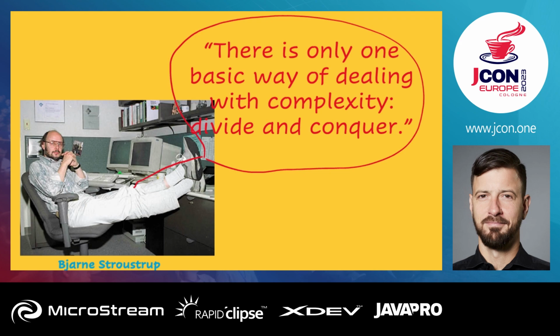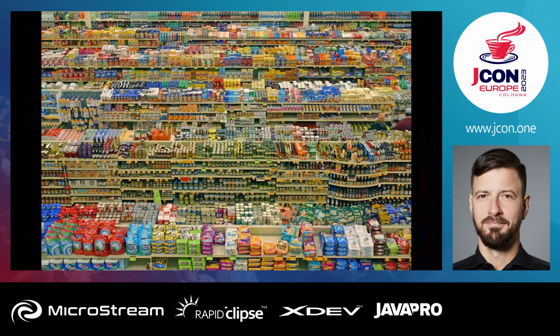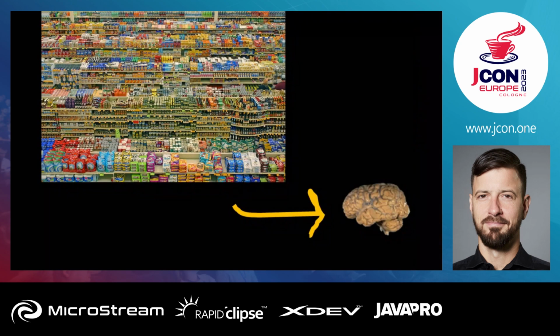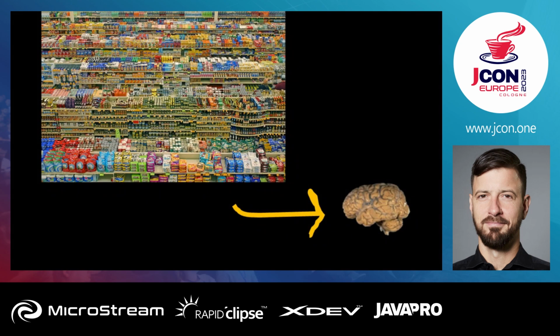So that's divide and conquer on a bigger scale, right? Than building several classes. So what's the problem with complexity? What's the deal with it? Why is that so problematic? So the main problem with complexity is that we have to fit it in our brain. So this is a complex domain. This is our brain. And of course, programmers, we have the biggest brains on earth.